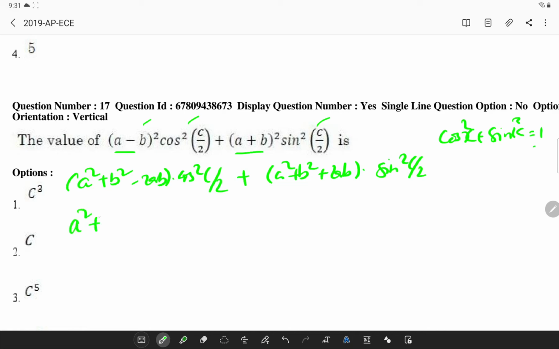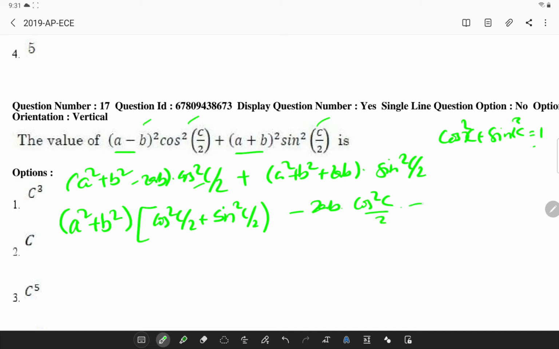Here try to take a square plus b square common, and you will have cos square c by 2 plus sin square c by 2, and then you will be left with minus 2ab into cos square c by 2 and plus 2ab into sin square c by 2.